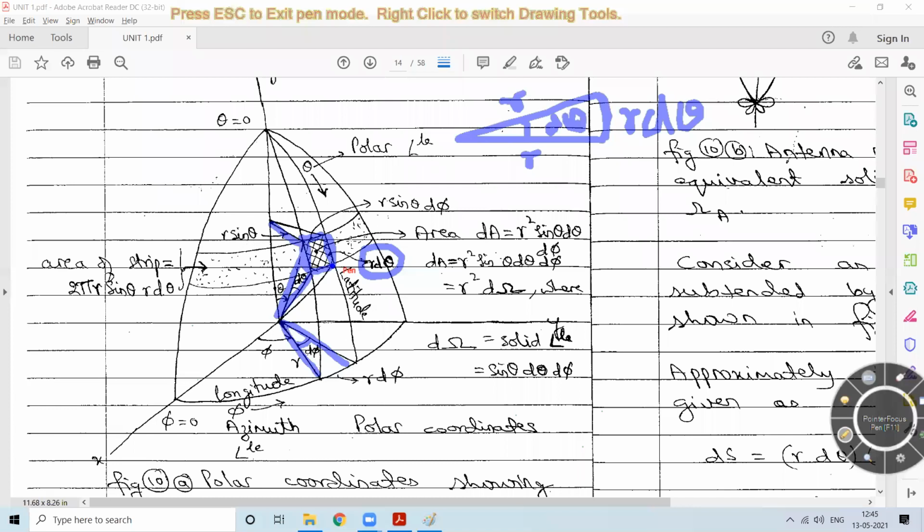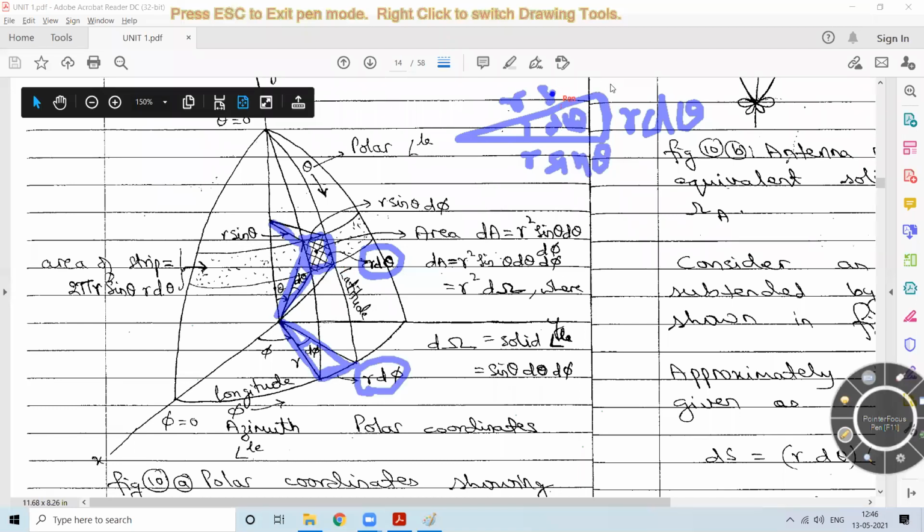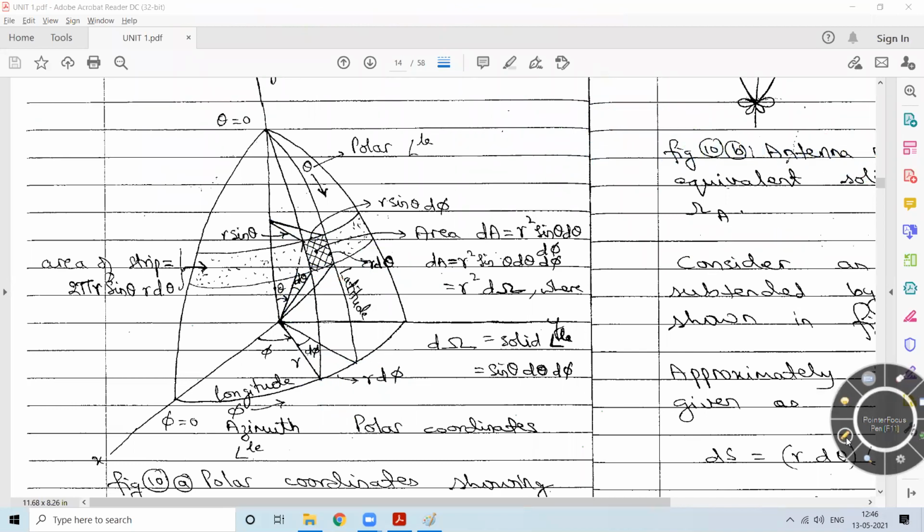So when I project this side, what I am getting is r sine theta. The small arc will be r sine theta and the small elemental change of the angle, so this is r sine theta d phi. So the two parameters we have obtained are r sine theta d phi, and r into d theta.